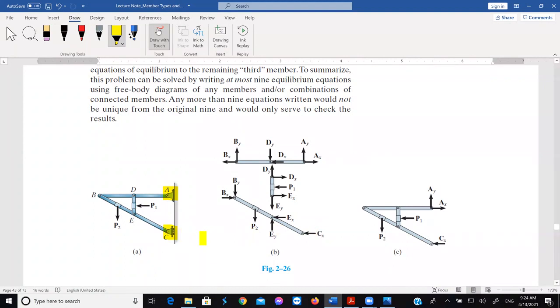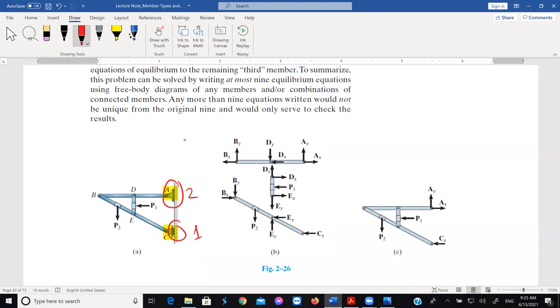To analyze this structure, first we determine whether it's statically determinate or indeterminate. What was our principle? We first calculate the number of reaction forces. This one has two reaction forces, this one has one reaction force at supports.